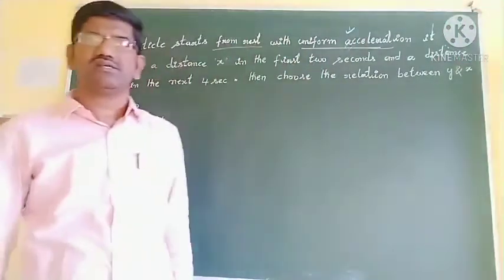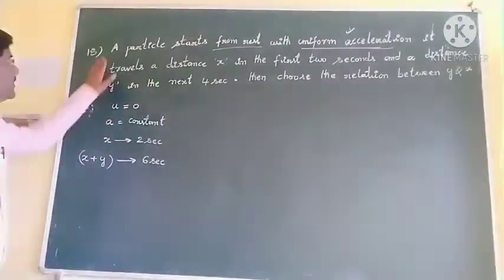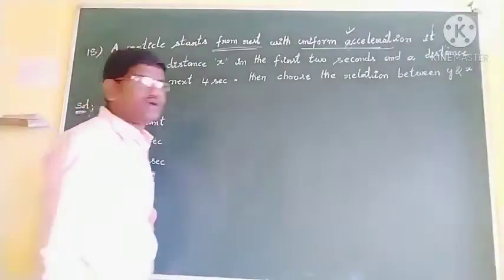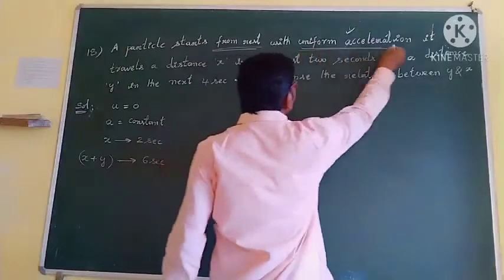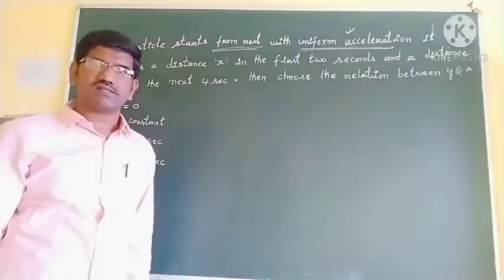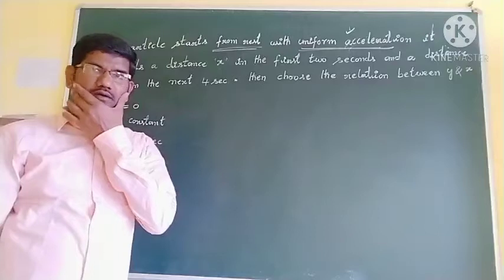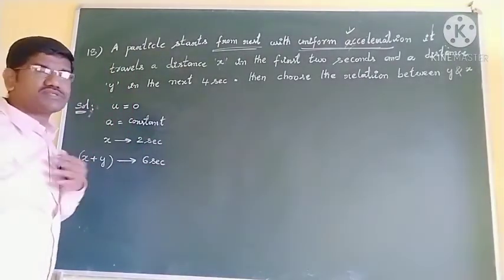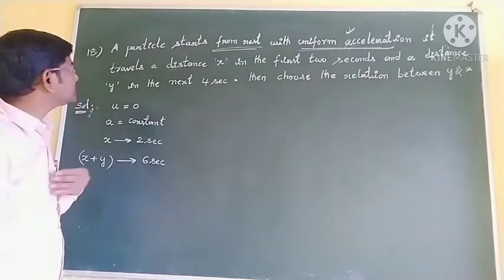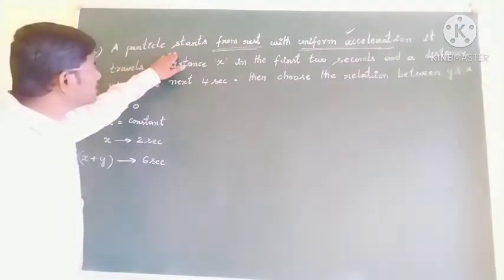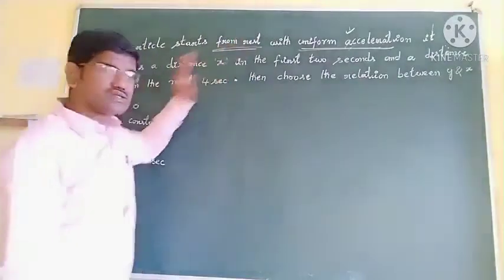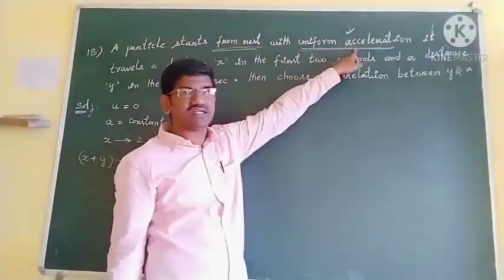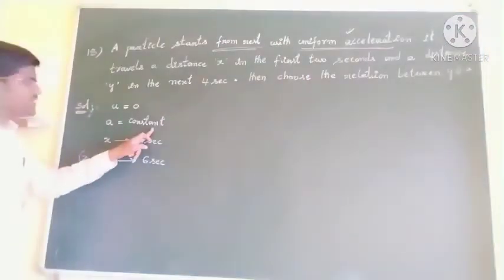Okay students, see, the particle starts from rest and moves with uniform acceleration. So given a problem, this is a particle that starts from rest, so initial velocity is 0, and moving with uniform acceleration means a is constant.